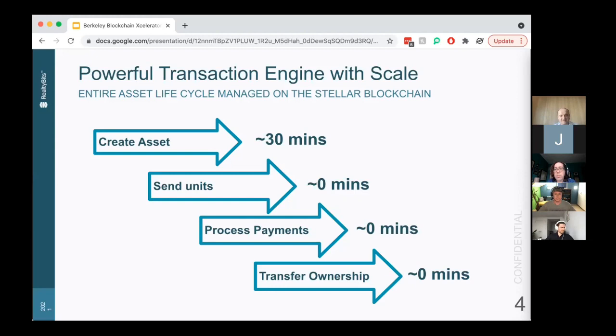It's a few seconds. Processing the payments is very fast. It's also almost instantaneous. And transferring of ownership. When I make a $100,000 investment into a $10 million offering, my ownership gets confirmed instantly once I submit my payment, which is also instant. So the speed and the efficiency is something that's revolutionary in this market that we're attacking.